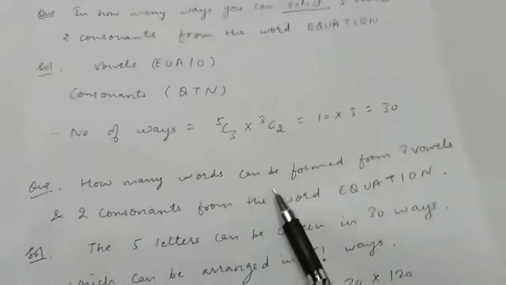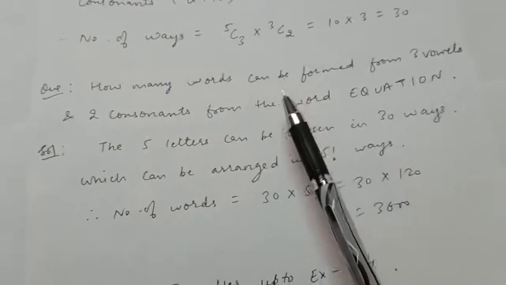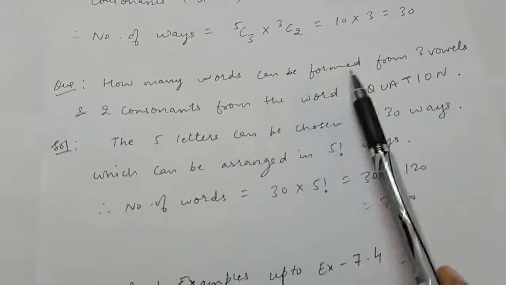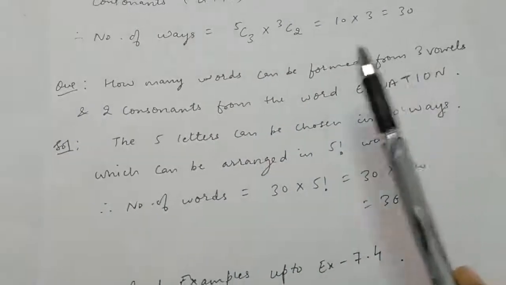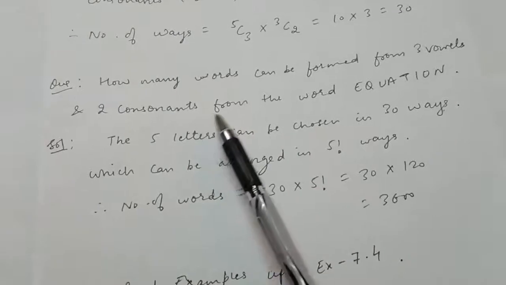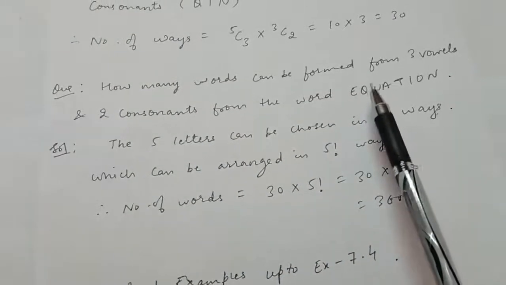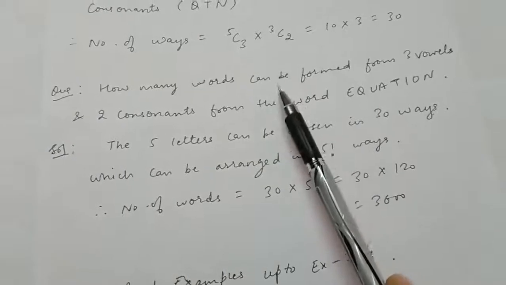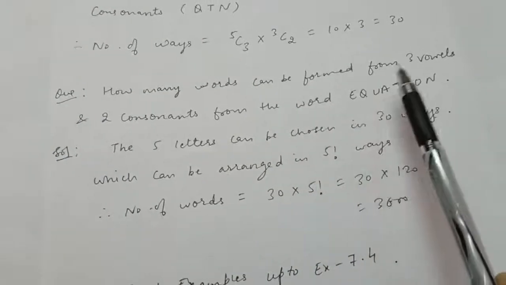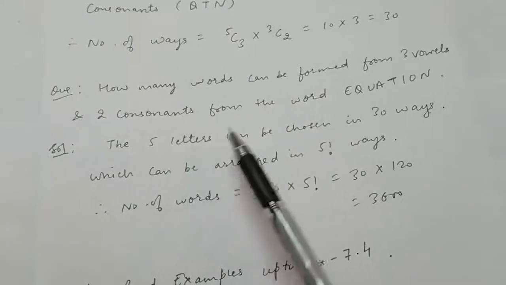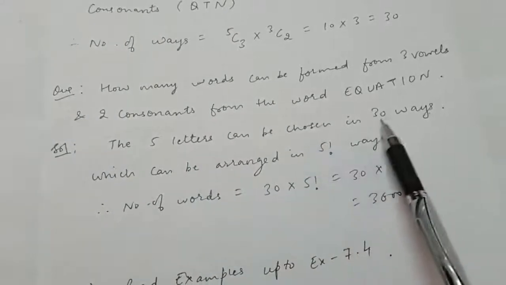Now see, in the next question they have asked the same, but now they have asked how many words can be formed from 3 vowels and 2 consonants from the word. Now again, for making words, first of all we have to select 3 vowels and 2 consonants, and we know these 5 letters can be selected in 30 ways.